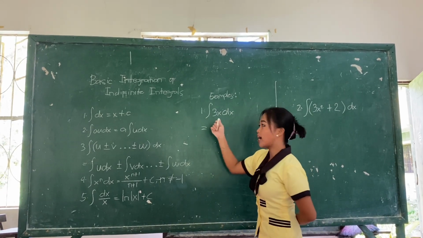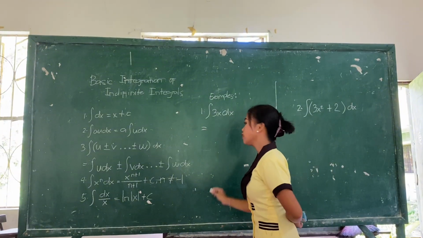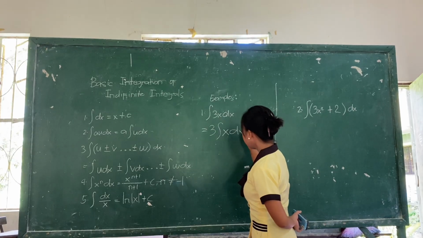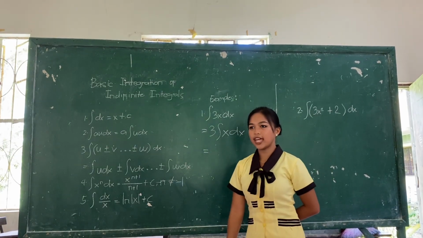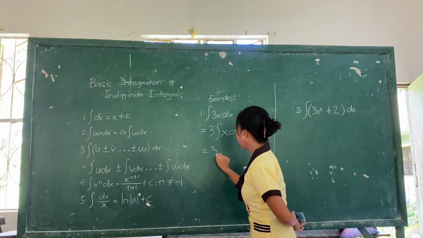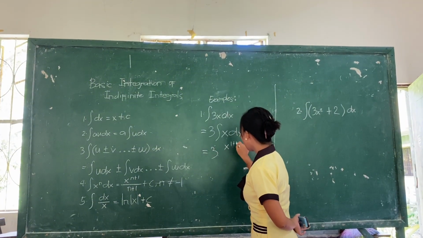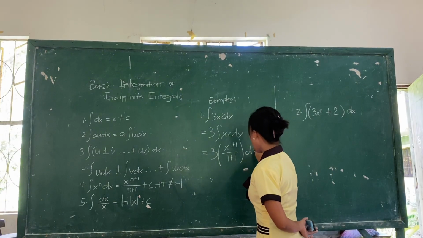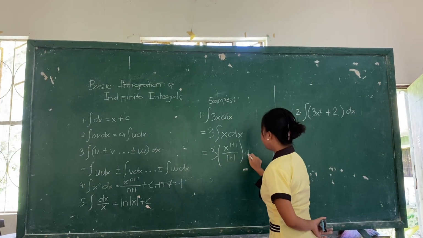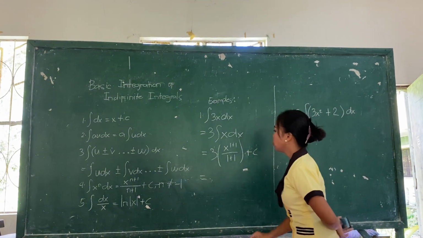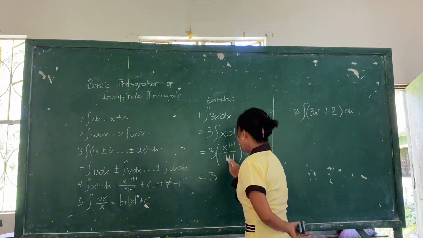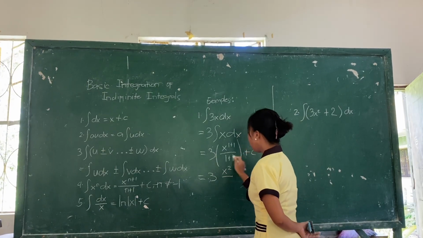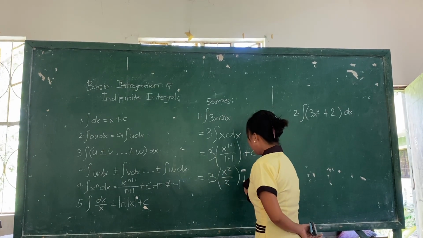First thing first, we have to put the constant outside of the integral: 3 integral of x dx. Next step, we can apply the power rule. 3 times x^(1+1) over 1+1 dx plus c equals 3 times x^(1+1)=x^2 over 1+1=2 plus c.